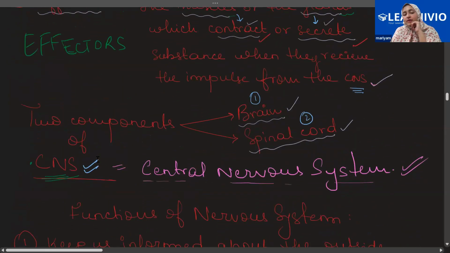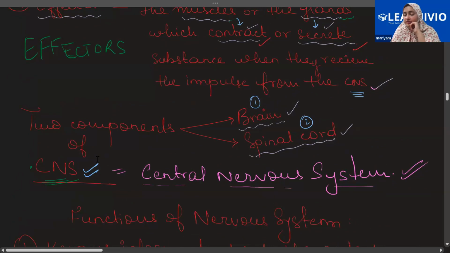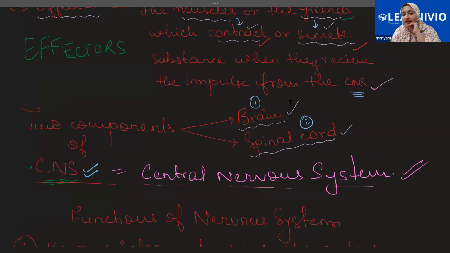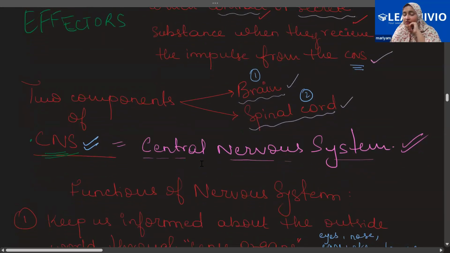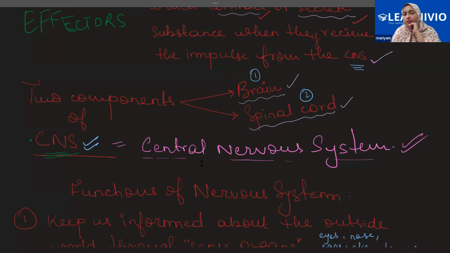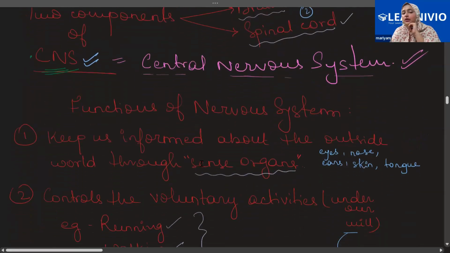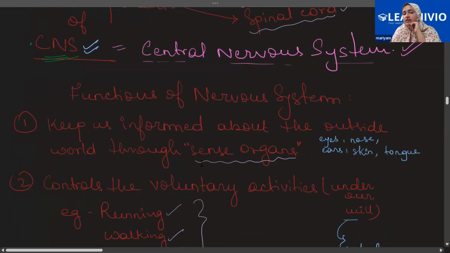Now, when we talk about the central nervous system, we must remember its two components, the brain and the spinal cord. And because of these two components, our whole process of control and coordination in our body takes place. Now, talking about the functions of the nervous system.